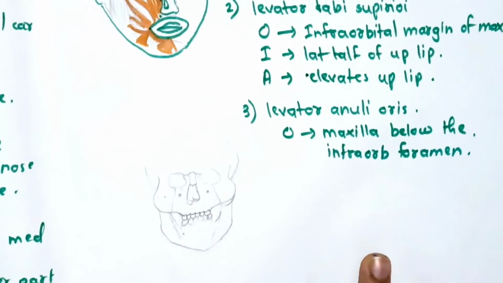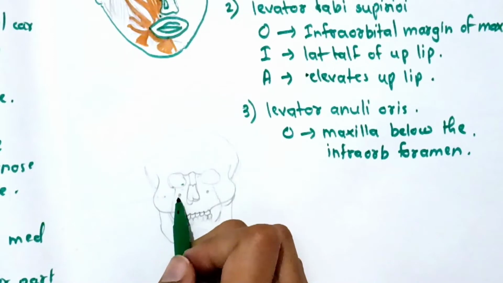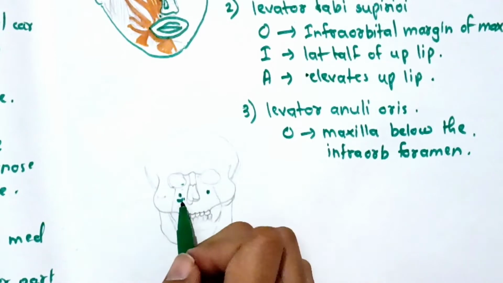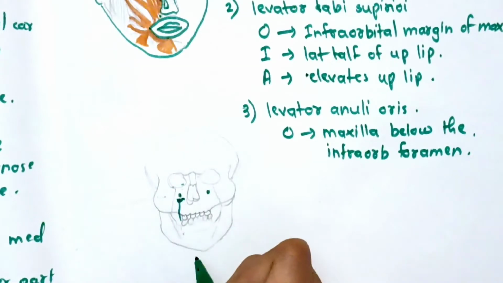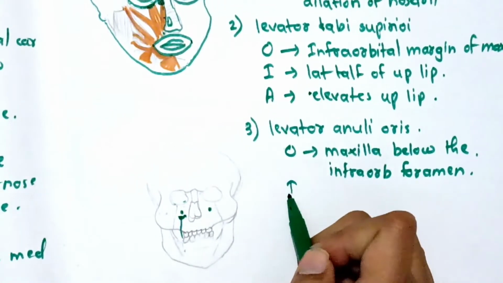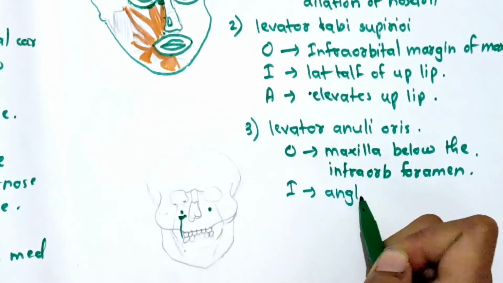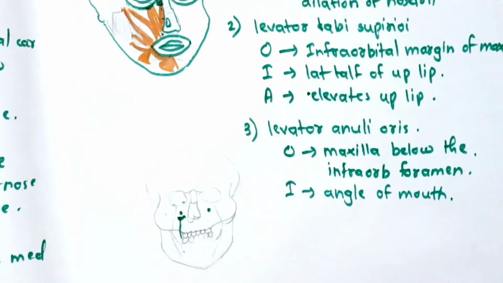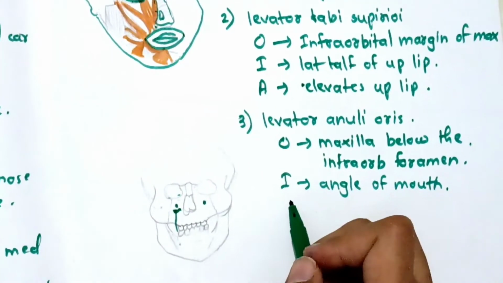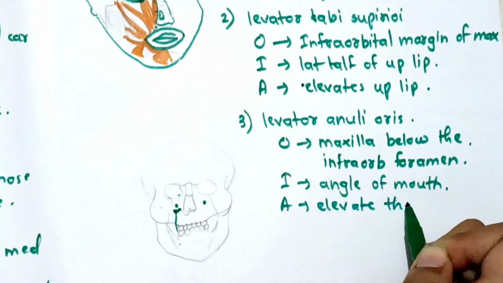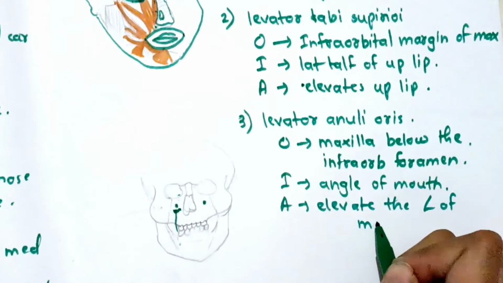So on the skull below the infraorbital region on the maxilla, there is a foramen. So below this foramen is the origin, and then it inserts onto the angle of mouth. This one is the angle of mouth. Insertion is on angle of mouth. All the insertions are on the skin. Okay, so what is the action? It elevates the angle of mouth.